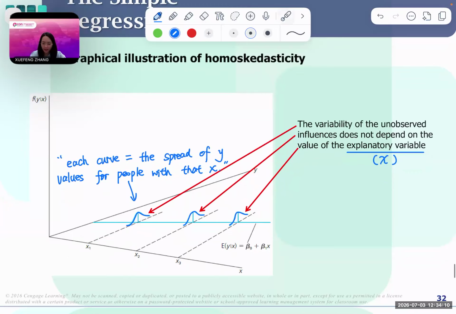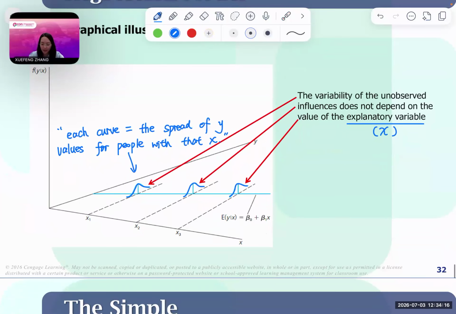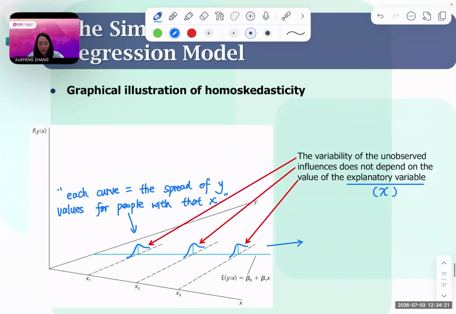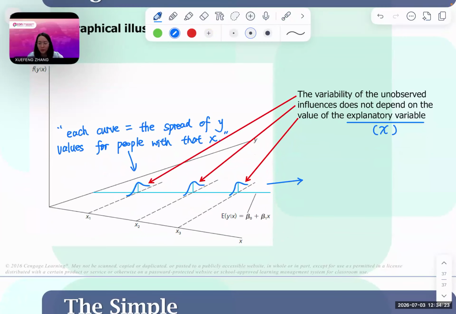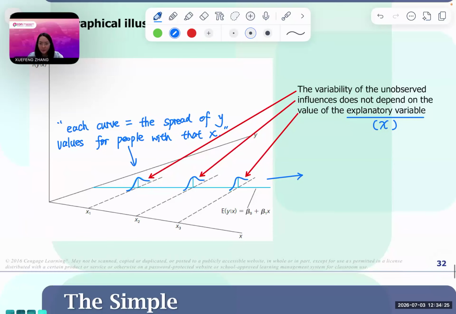So we can see that all three curves are the same size and shape, right? This is very important, so let me go through it slowly.